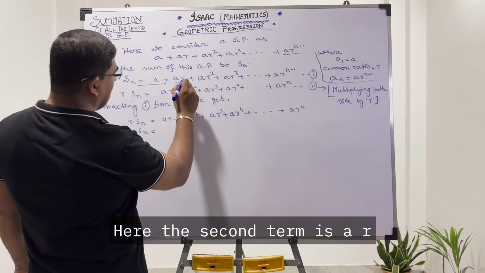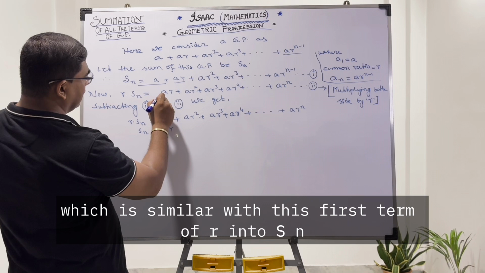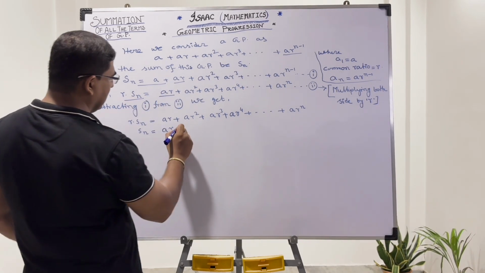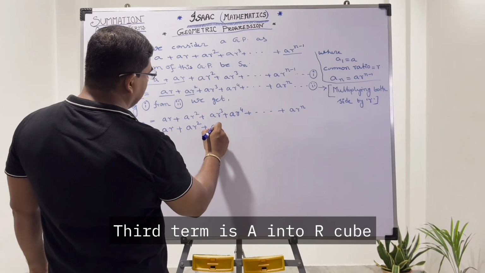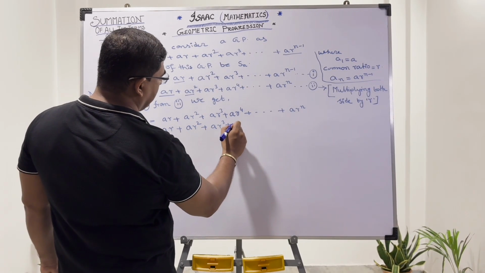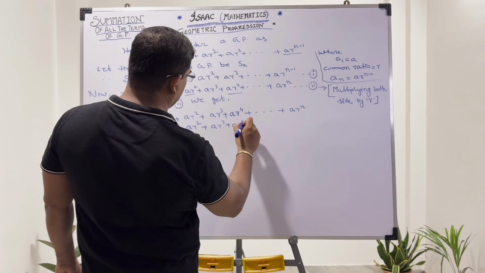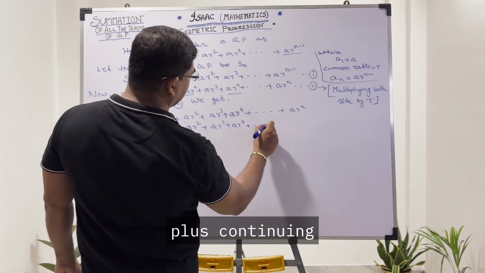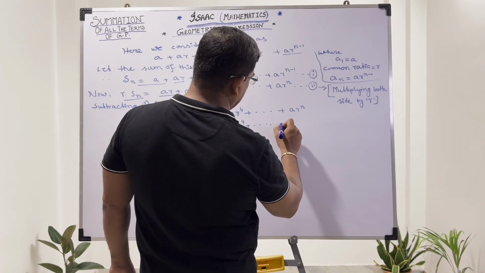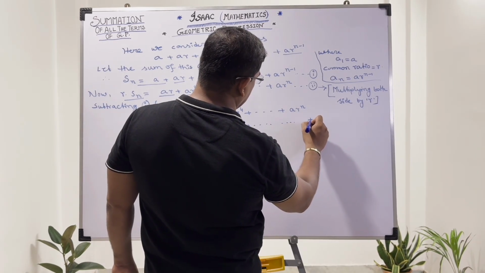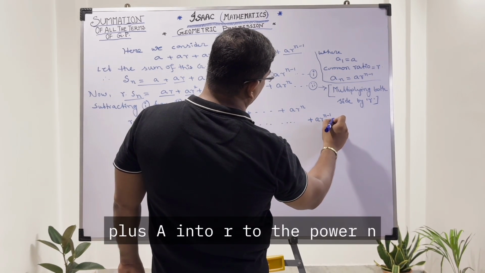Here the second term is AR, which is similar to this first term of R into Sn. Second term is A into R square. Third term is A into R cube. Fourth term is A into R to the power 4 plus continuing plus A into R to the power n.